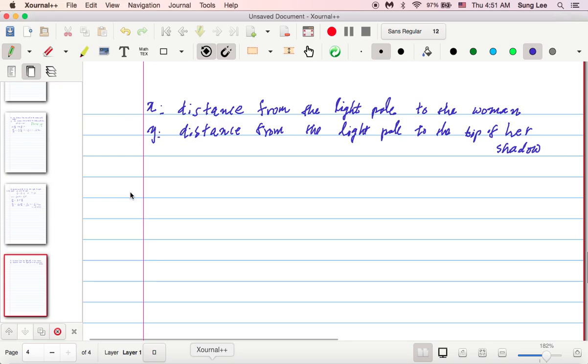Okay, so I mentioned that the two right triangles in the figure, right, they are similar.